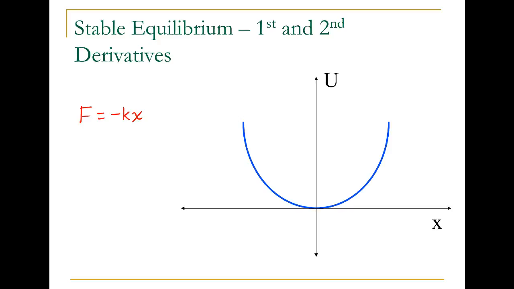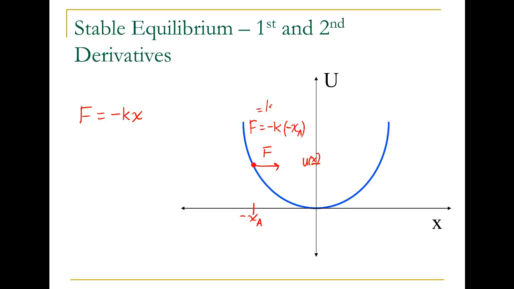Okay, so if you think about this, here's my U of x, and here's some negative x. If I plop a negative number in for x in this equation, the force is going to push to the right. So F is going to be negative k times negative x_a, if this is negative x_a.